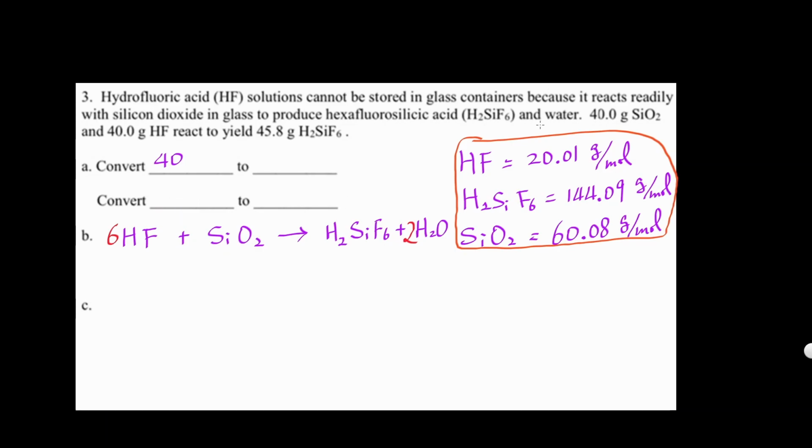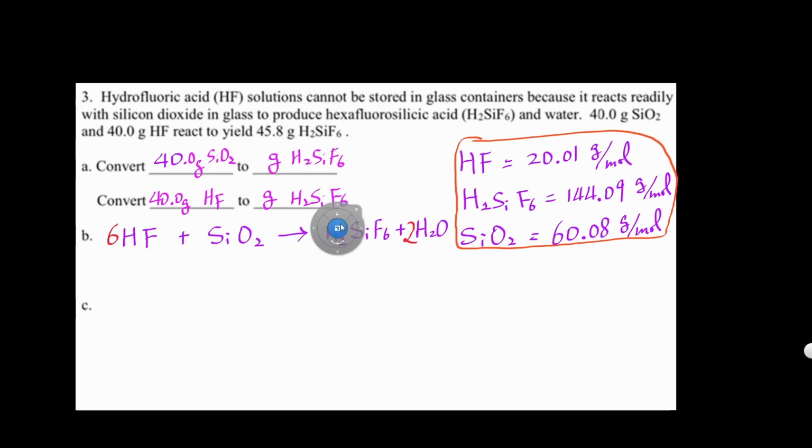Now let's go back. These are the reactants. So let's first change 40.0 grams of the first reactant, grams of SiO2, to grams of the product H2SiF6, and we do the same thing with the other reactant, grams of HF into grams of H2SiF6.